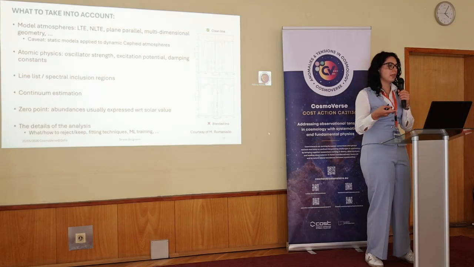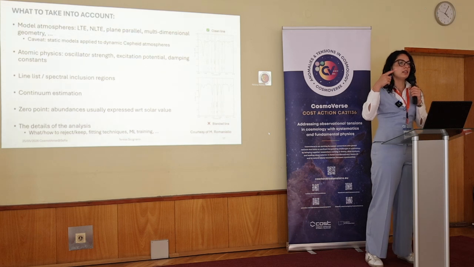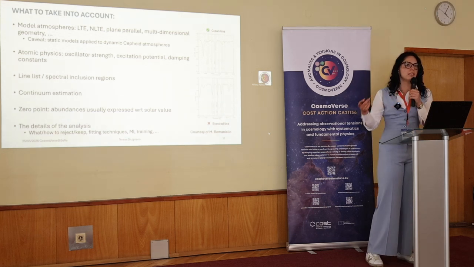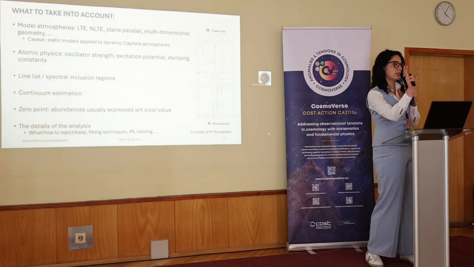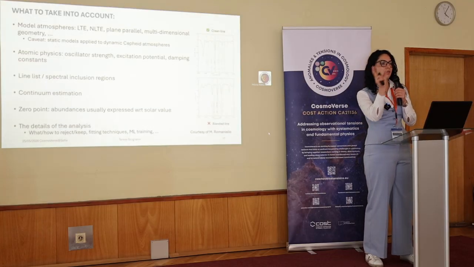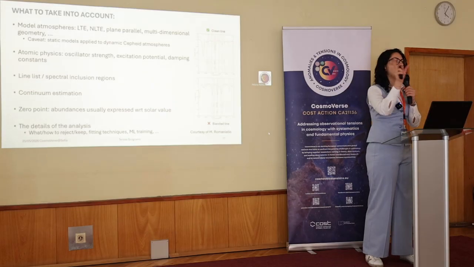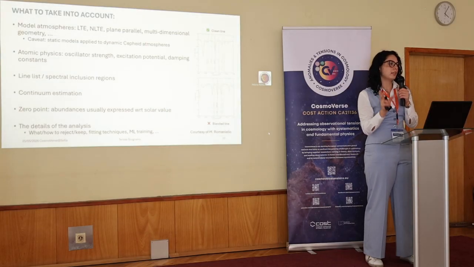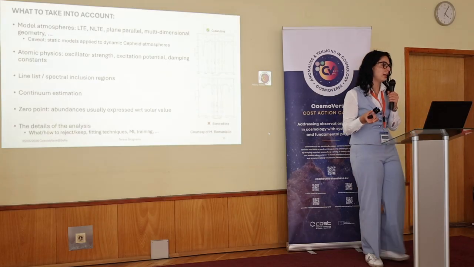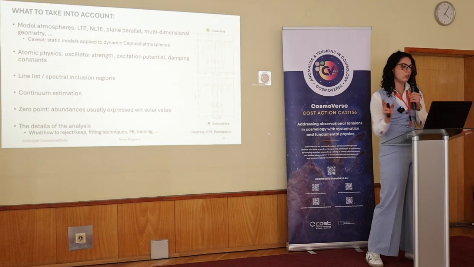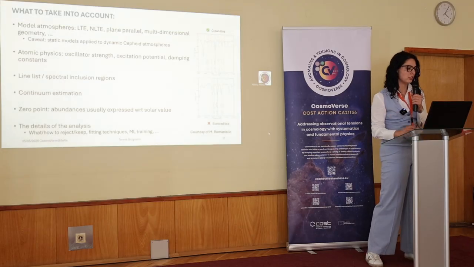When we observe a spectrum with a telescope and an instrument, we receive only the light from that part of the visible or near infrared, so we will have only lines in that part of the spectrum. But we need a complete line list in that part of the spectrum that we are analyzing to do a good correction in velocity.